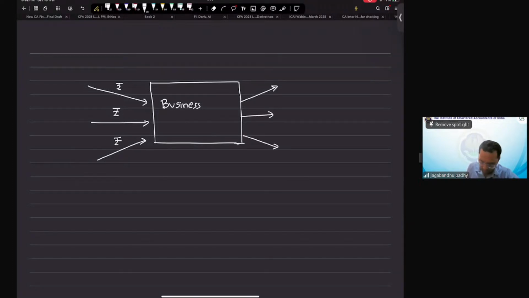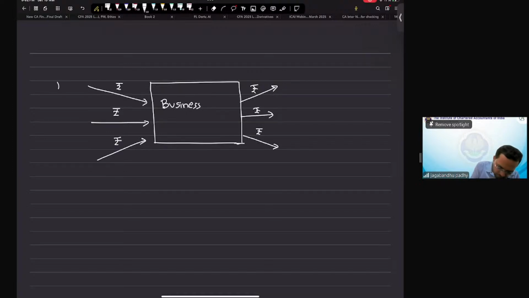But the business is going to get funds from multiple sources. And those funds are going to be deployed into multiple areas, which we can call different businesses or projects.